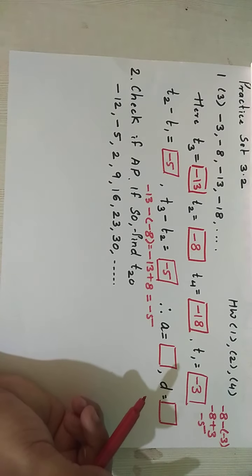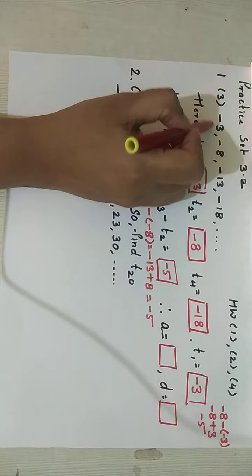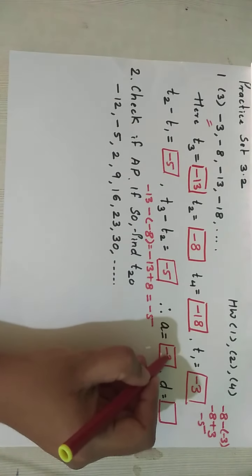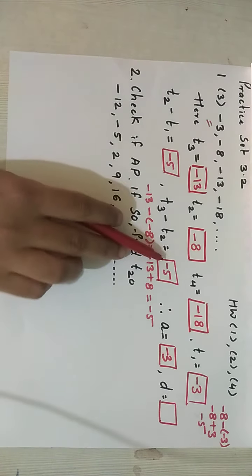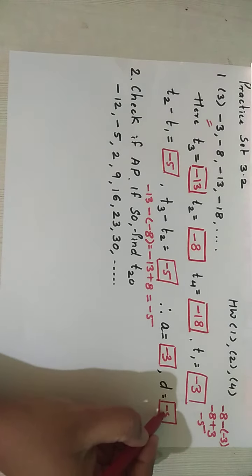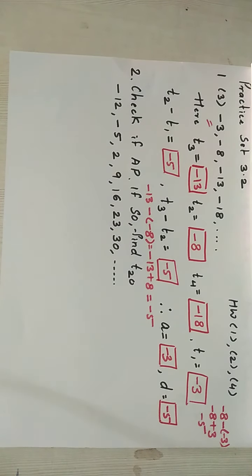A is obviously the first term. The first term in this sequence is minus 3. D is equal to, if you observe, the common difference is minus 5, and hence the sum is done. You need to just fill in the blanks. So try question number 1, 2, 3 we did, and question number 4 for homework.